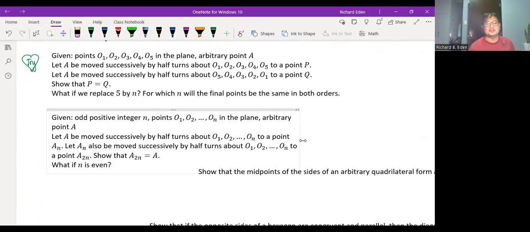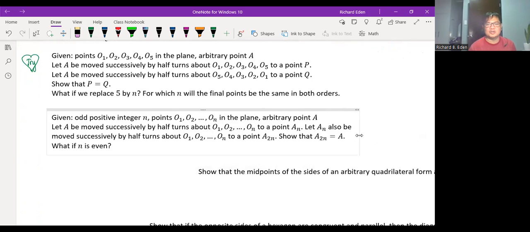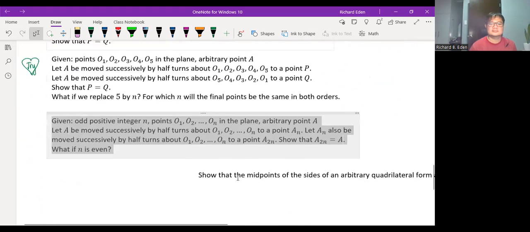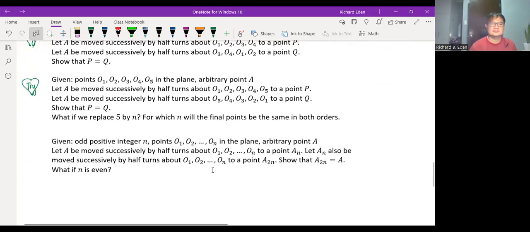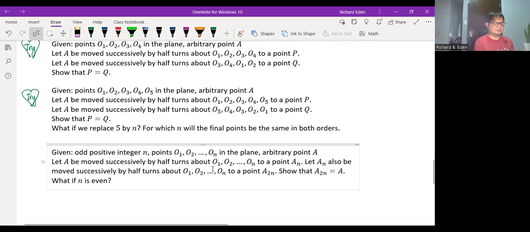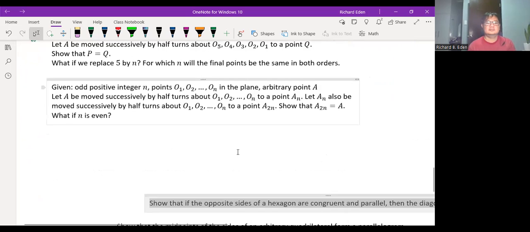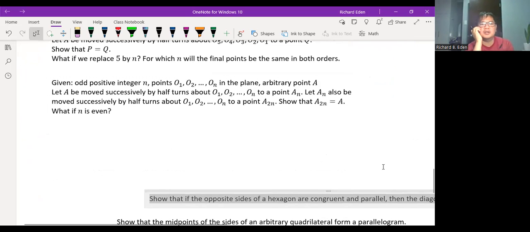Oh wait, this is the one. Okay, let's work on this. So we have an odd positive integer n, and then n such points, and then an arbitrary point A.